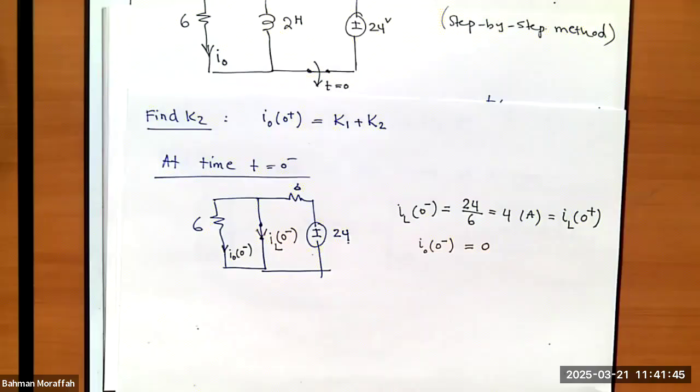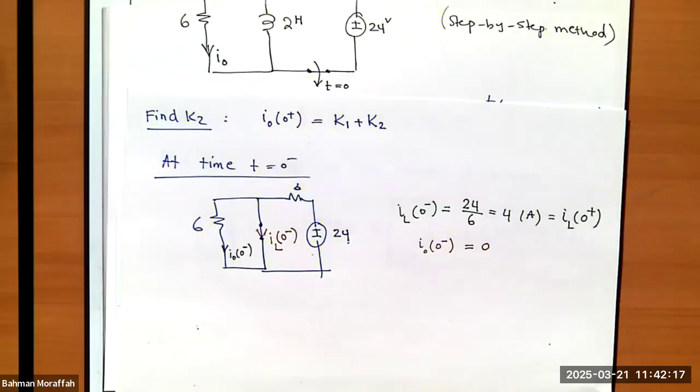Again, we don't really care about it. I just want you to see if it's continuous or not. Now I know IL, the current through the inductor, is indeed continuous. So if I look at the circuit at time 0 plus, the value of current through the inductor cannot change drastically. So I can replace the inductor by a current source with that value.